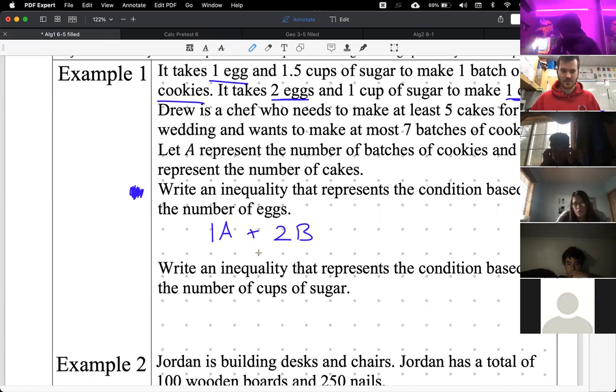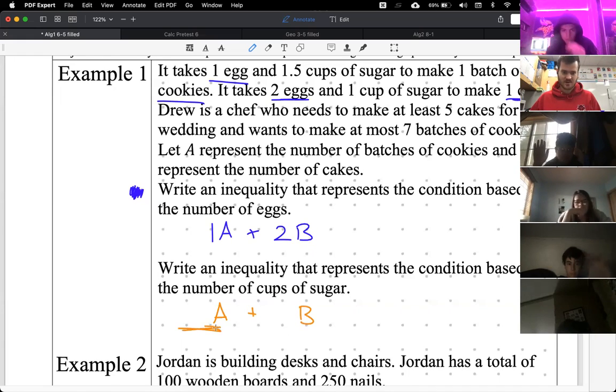Any ideas for what we do? You're again going to be using the variables A and B. You're going to be adding these. You want to see how many cups of sugar is required for cookies, how many cups of sugar is required for a cake, but what number is attached to the cookie variable, judging from our problem up here? And again, this is all representing cups of sugar now.